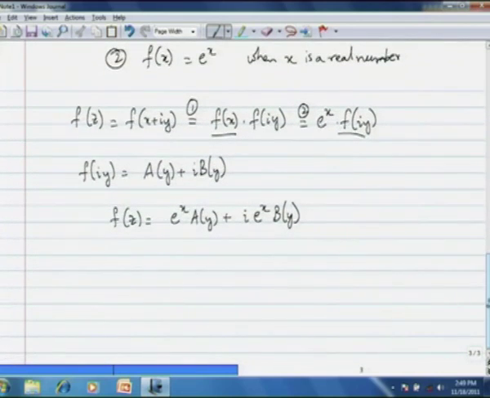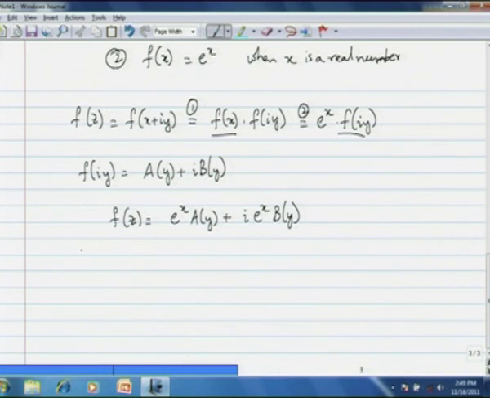Then since we want to define this exponential function in such a way that it is differentiable everywhere in the complex plane, we desire that this function should be differentiable at every point in the complex plane.